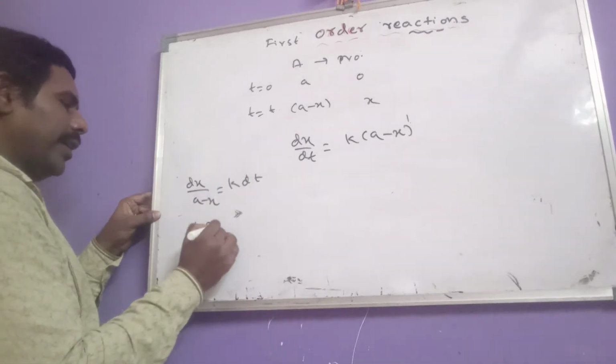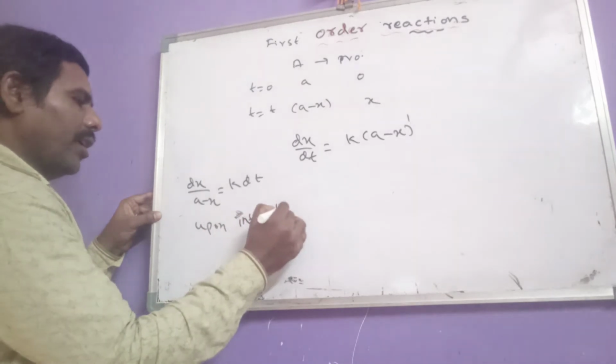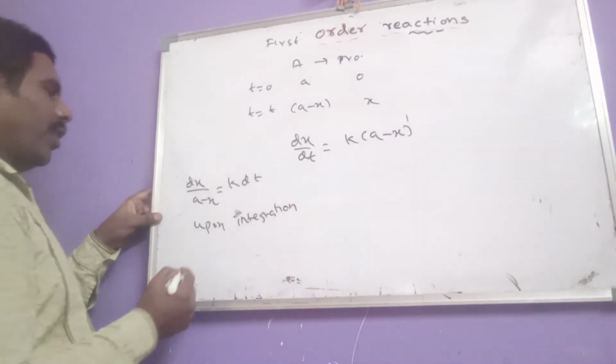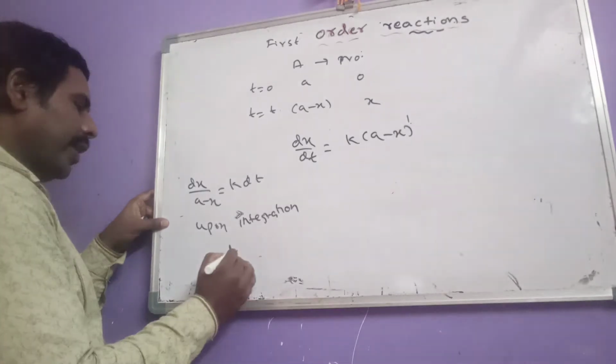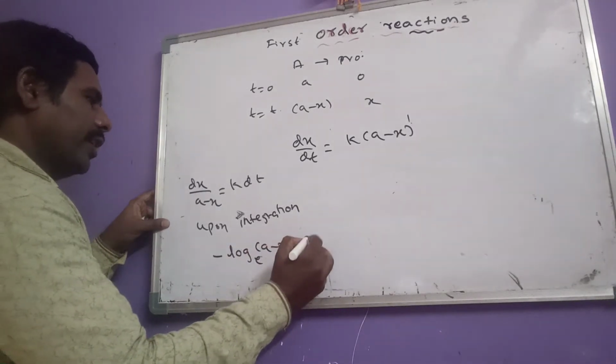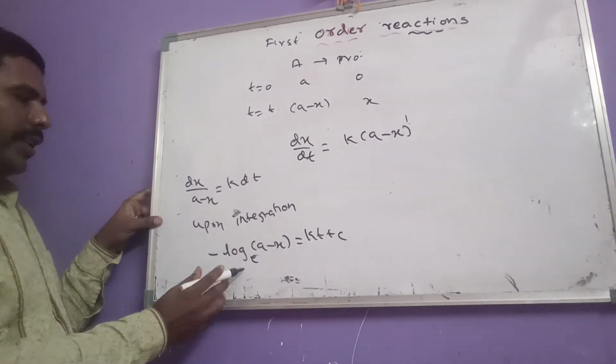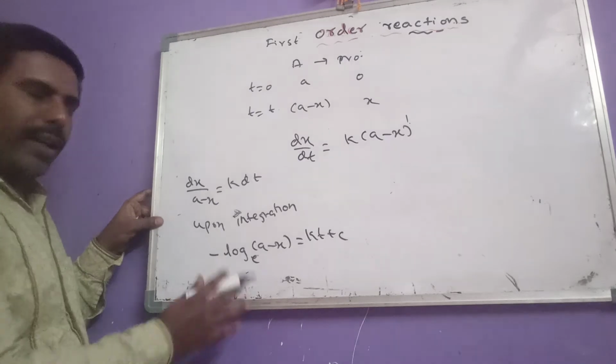Upon integration on both sides, we get minus log base e (a minus x) equals kt plus c. This is base e, not base 10 logarithm.